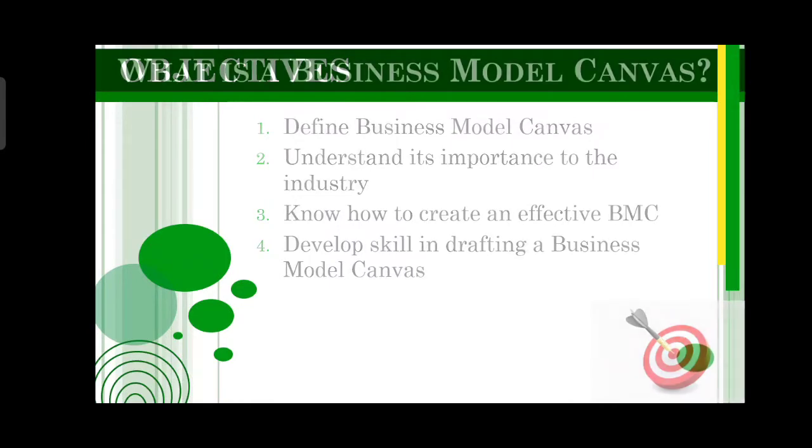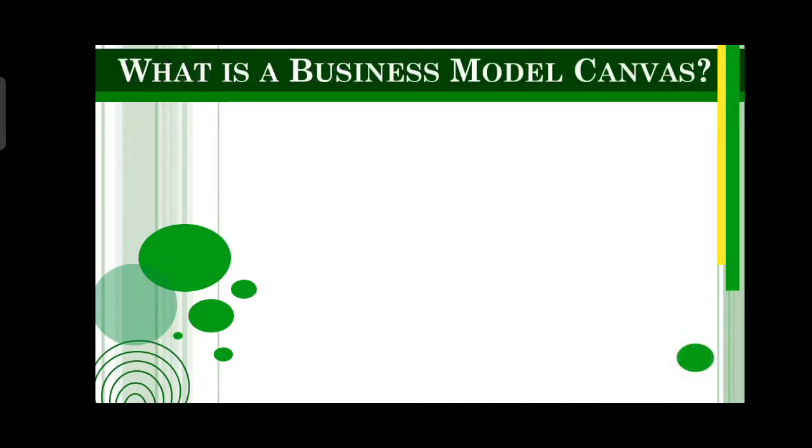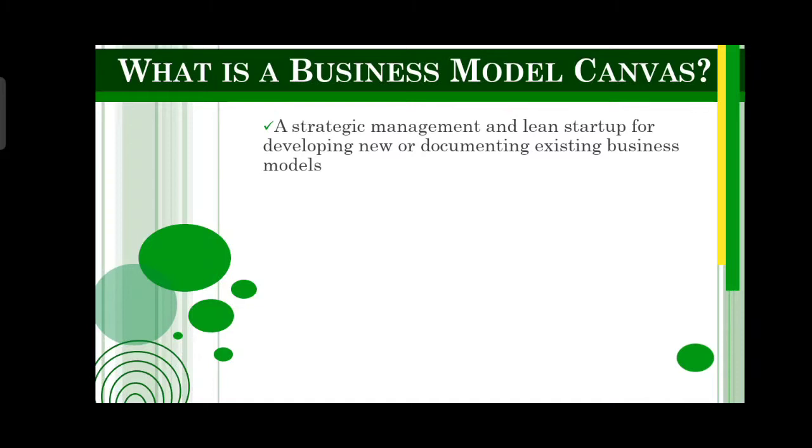So what is a business model canvas? This is a tool that will help us understand a business model in a straightforward or structured way. For its definition, the business model canvas is a strategic management and lean startup tool for developing new or documenting existing business models.